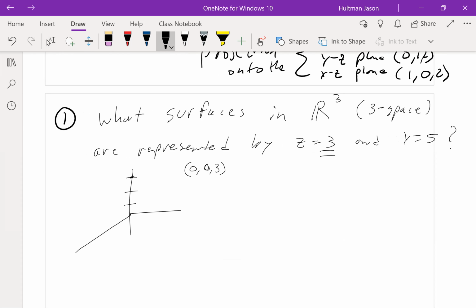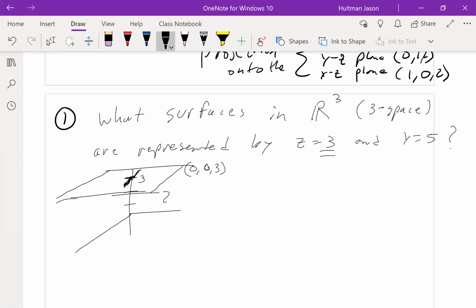Every point that has a Z value of 3. Wouldn't that just be a plane, a sheet that runs through 3? Does that make sense?